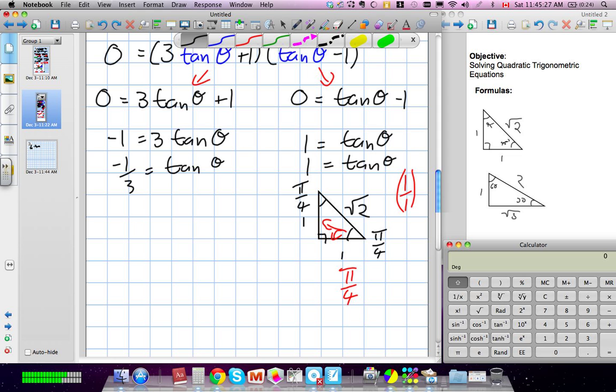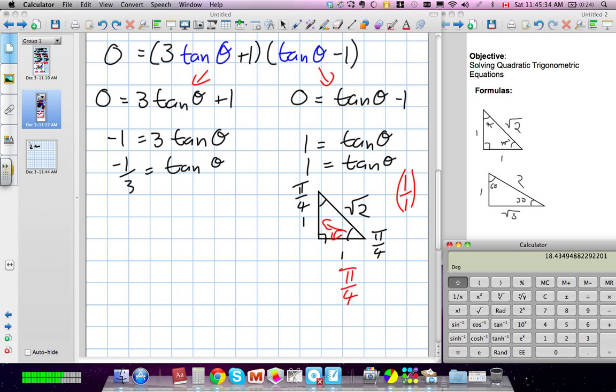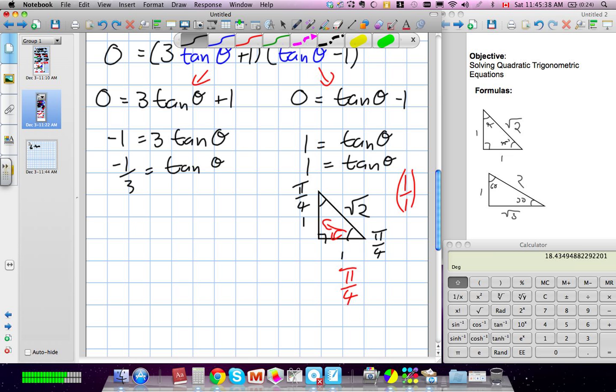So if I was in degrees on my calculator, and I had negative 1 divided by 3 inverse tangent, I'd hit 18.43. Okay, so that means my theta in degrees is 18.43. So if we have 18.43 as a degree, we can try to change this into our radians. I guess we could round it to 18.5.